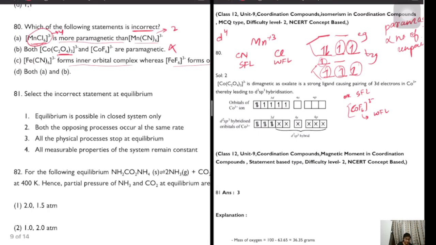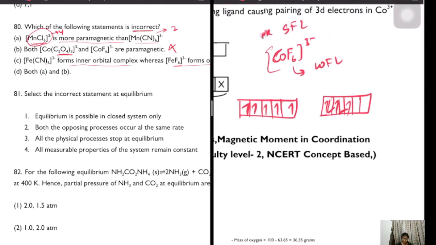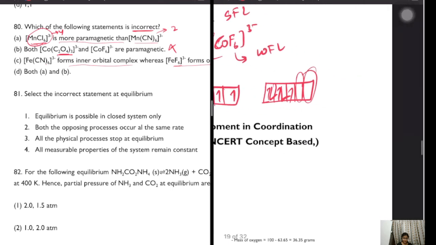Now in the next statement, Fe(CN)6 3 negative forms an inner orbital complex and FeF6 forms an outer orbital complex. The same concept is used. CN is a strong field ligand and F is a weak field ligand. So in case of Fe, this would be Fe3 plus. So it is d5, 1, 2, 3, 4, 5. After the ligand CN comes, it would be paired, right? So you see that 2 are empty and then we have s and p.